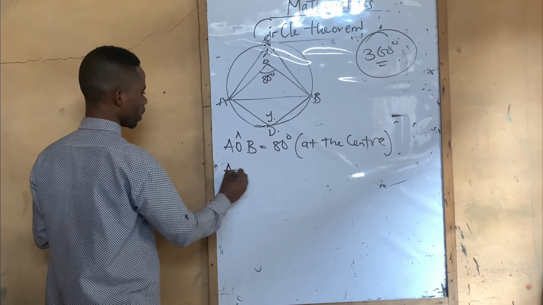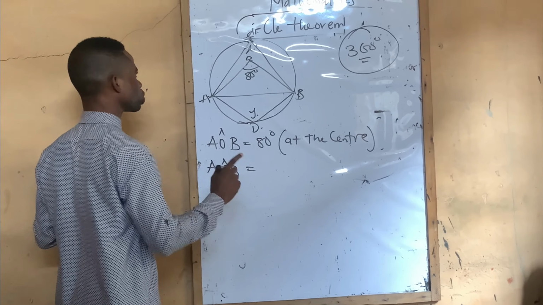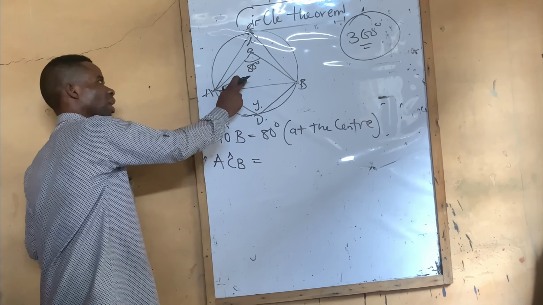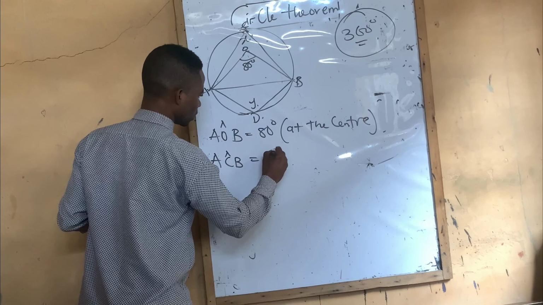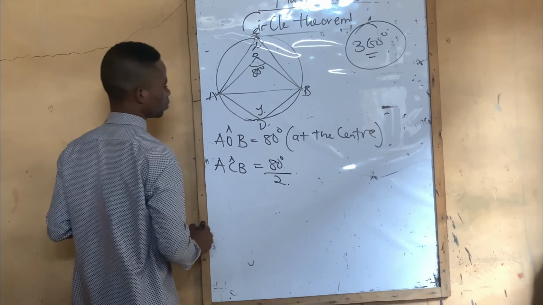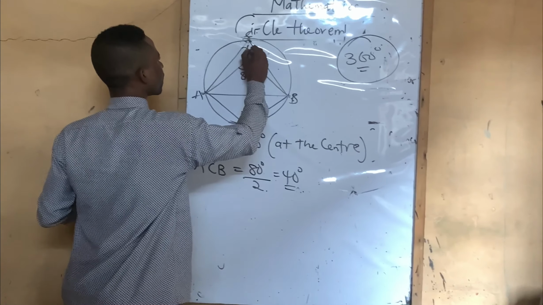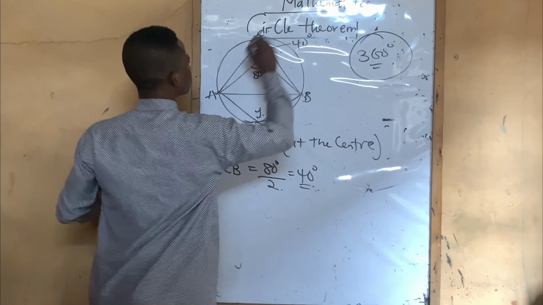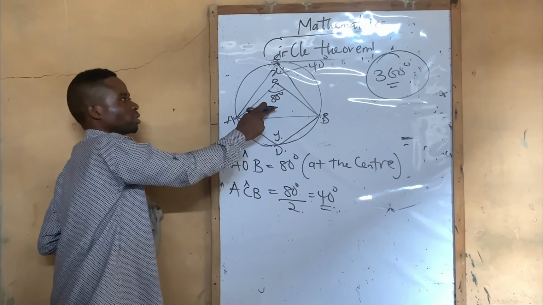That means angle ACB. What will it give me? Do not forget, twice the angle at the center is the angle at the circumference. I'm going to divide it by 2. 80 degrees divided by 2 is 40 degrees. So that means my x is 40 degrees, because if I say 2 times 40, it will give me 80.